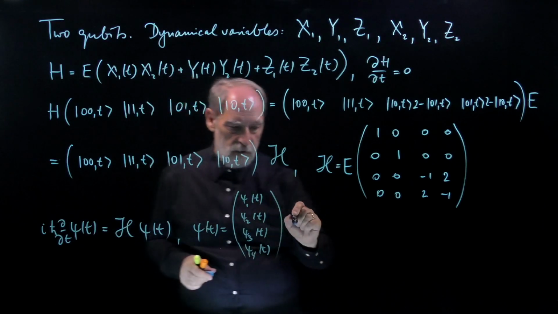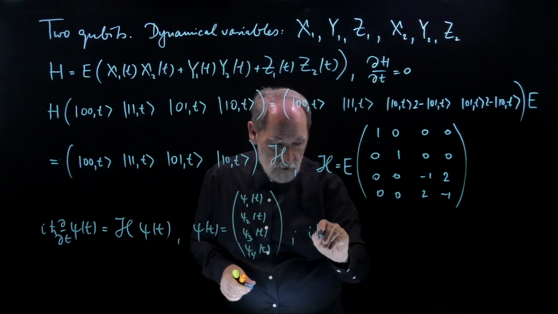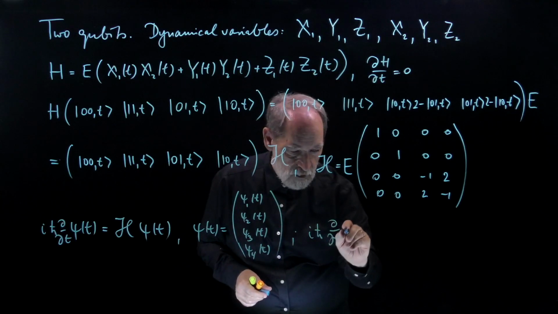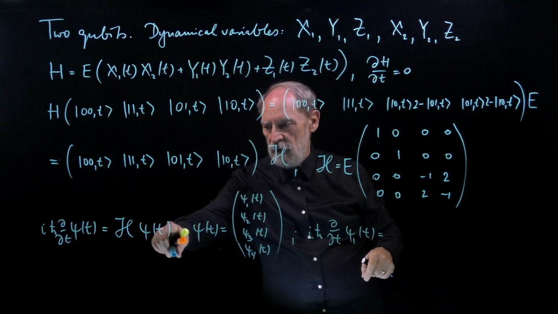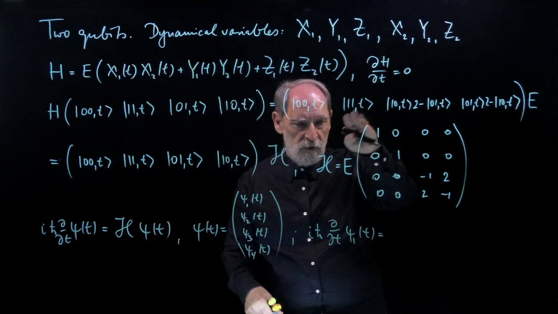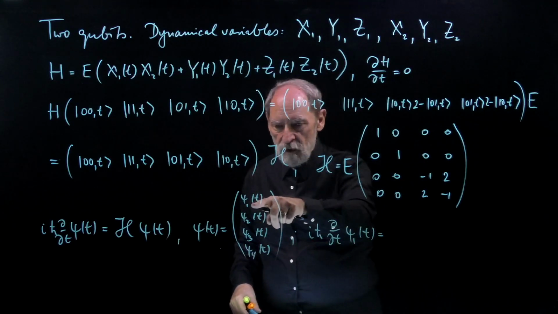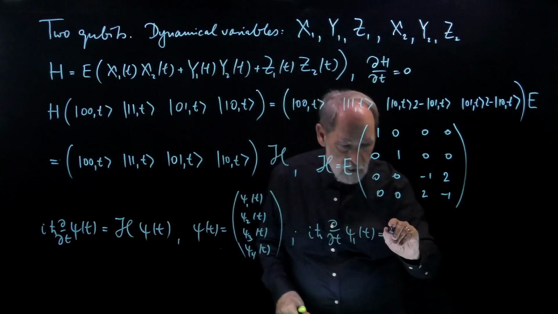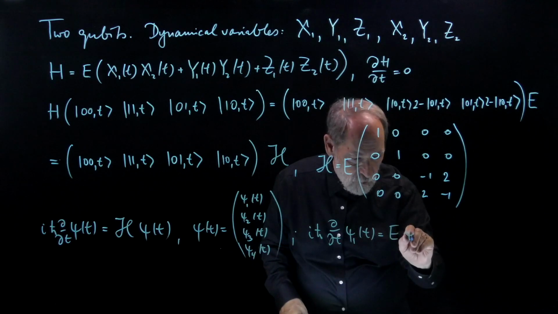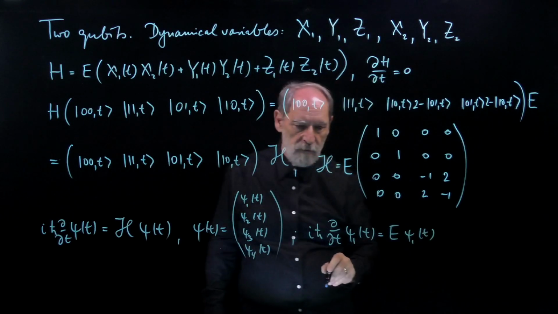What about psi 1? Okay, for psi 1, it's i h bar d by dt psi 1 of t equals, and now applying this matrix to this column, just looking at the first component, well, that's just E times psi 1 of t itself.